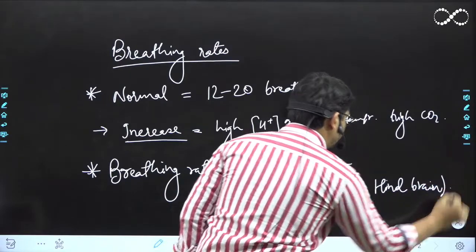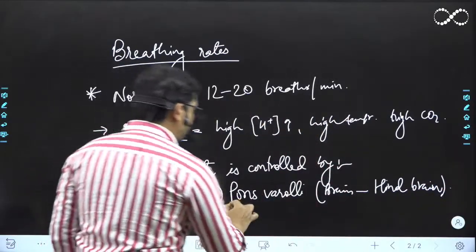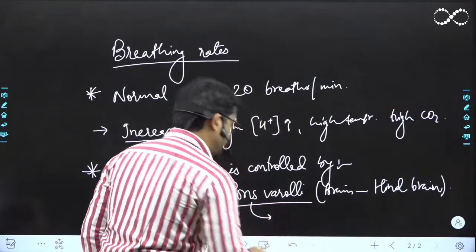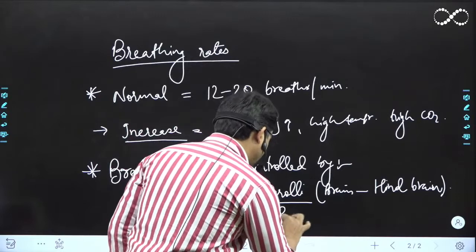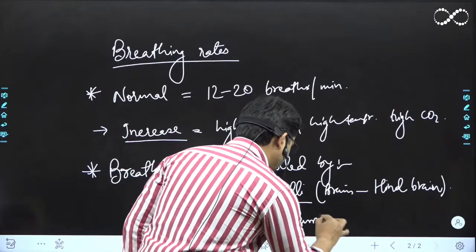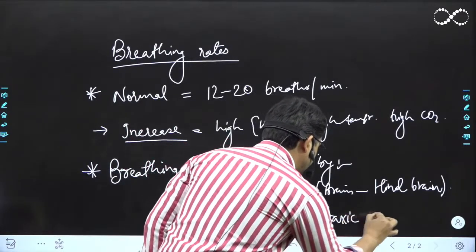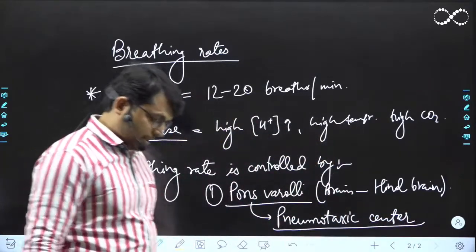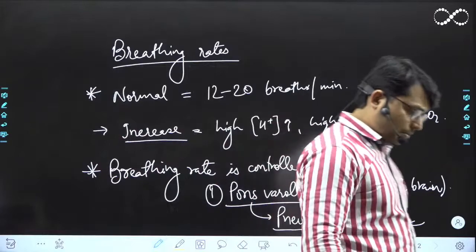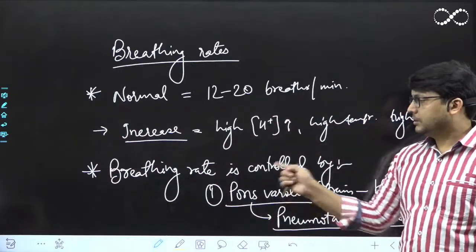Okay, याद रखिएगा. So pons varoli में there is a center, okay, जिसको कि हम लोग बोलते हैं pneumotaxic center, okay. This is also known as respiratory center of our brain, and it controls the breathing rate.